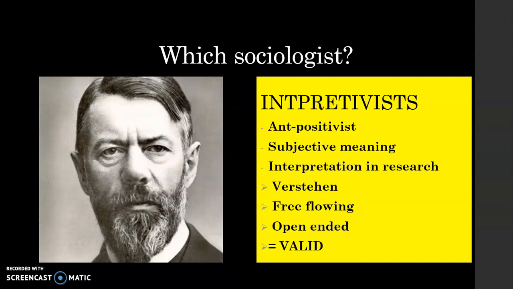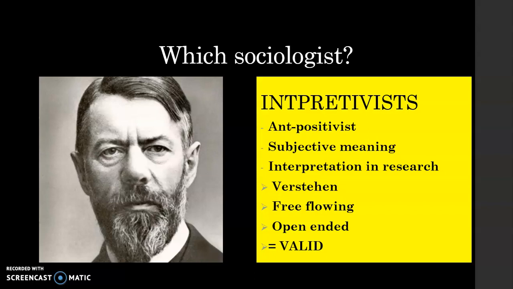Now, interpretivists, on the other hand, or anti-positivists, such as Weber, argued that in order to understand society, we needed to interpret the meanings people attach to their actions. So instead of being objective, we wanted to get a feel for what something is like, a more subjective meaning.